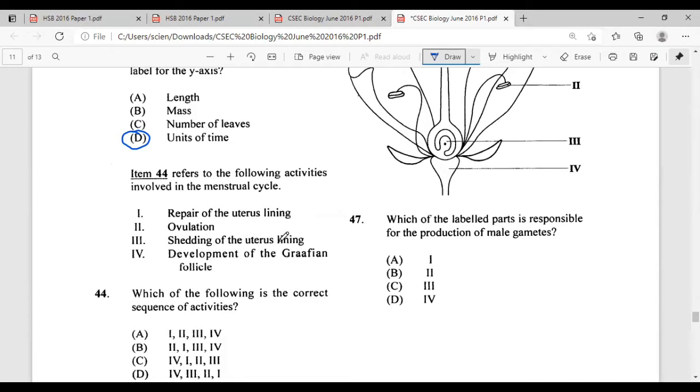So we have development of the Graafian follicle. Yes, I'll say that's the first thing. Then shedding of the uterus lining, yes, that would have been menstruation, and then ovulation would happen, and then the repair of the uterus lining. So we're going backwards. So it's IV. So the only 2 that start with IV, it's C and D. So IV, then 3. So it's D. IV, then 3, then 2, then 1.